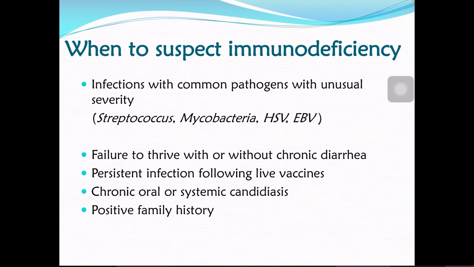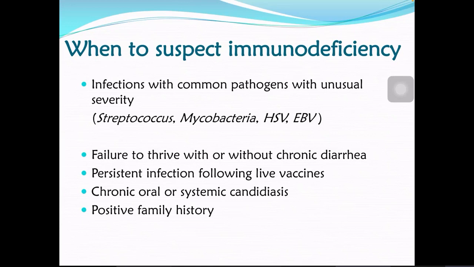Then, of course, you might have infections with common pathogens, but with unusual severity. So if you have a patient with Streptococcus pneumoniae and he's not getting better but getting worse, or you have significant mycobacterial infection with unusual severity, HSV, Epstein-Barr virus, then that is again one of the things to worry about, whether the patient could be immunodeficient.